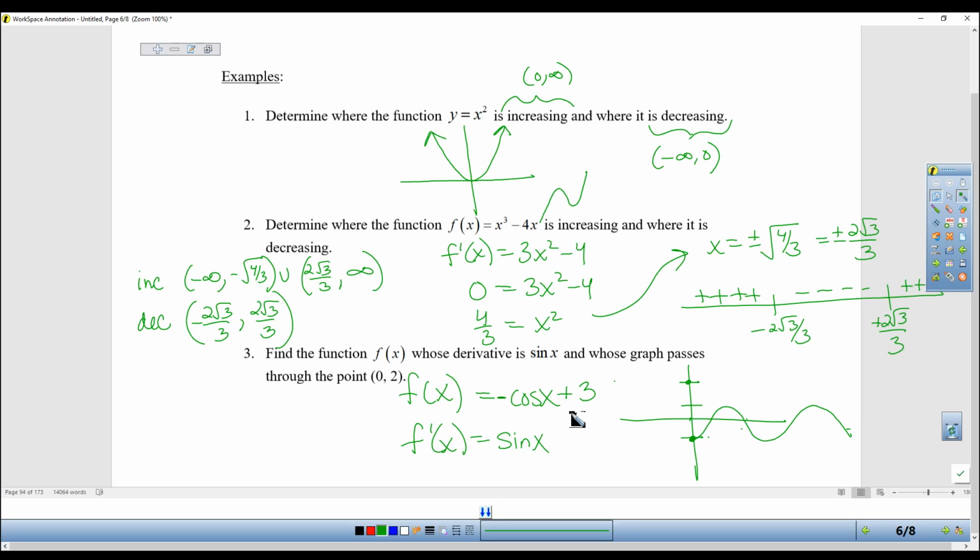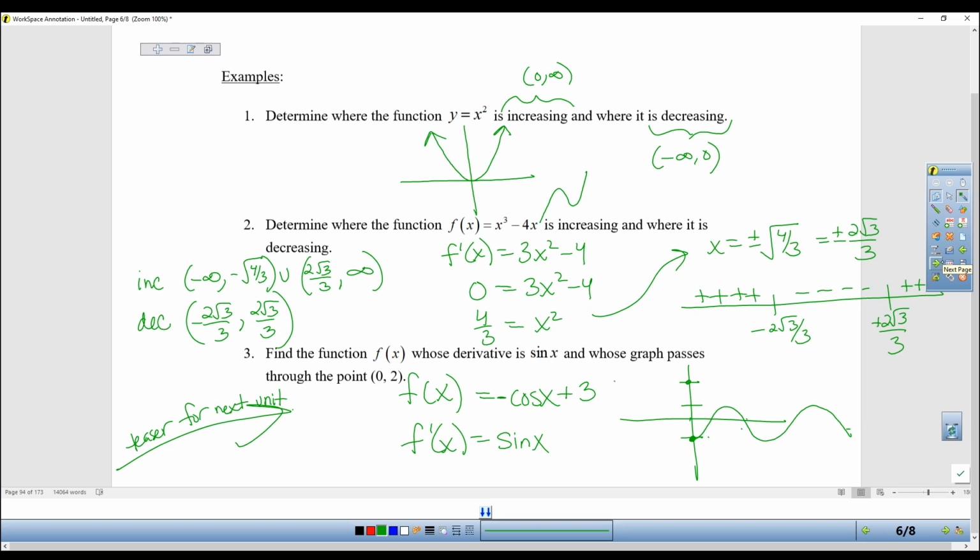But honestly, anything with this constant at the end lets it go through that point. But no matter what this constant is, it's going to have a derivative of sine of x. This little corollary is like a little teaser, little trailer for the next unit. This is what we're going to be doing on the next unit, is derivatives backwards.